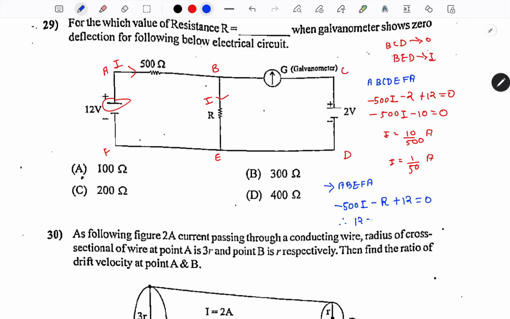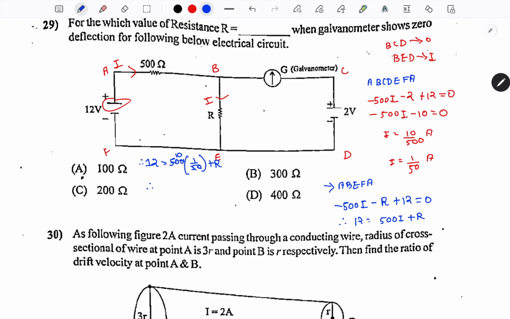Therefore 12 equals 500 I plus I R, and I is equal to 1 by 50. Therefore 12 equals 500 divided by 50 plus R.